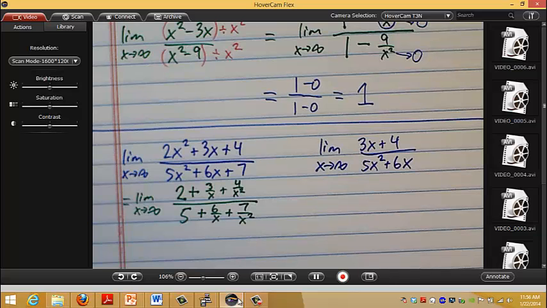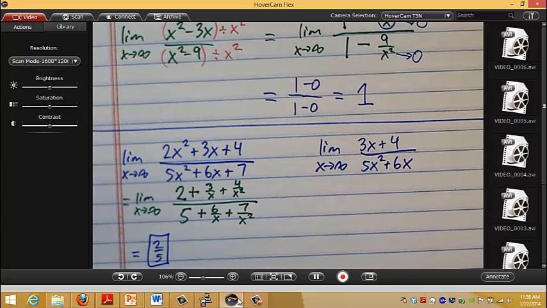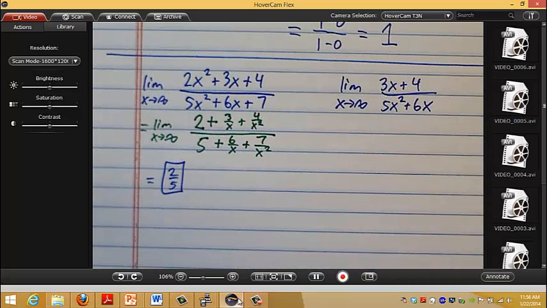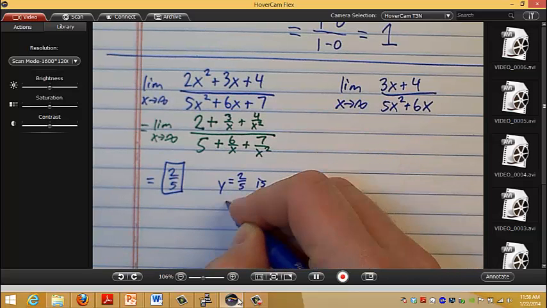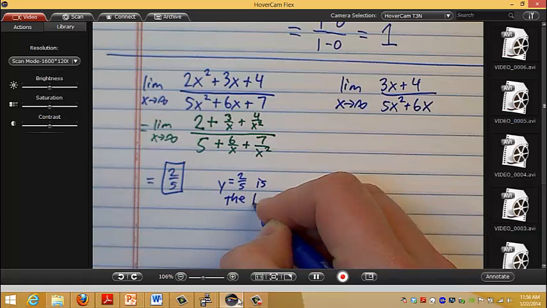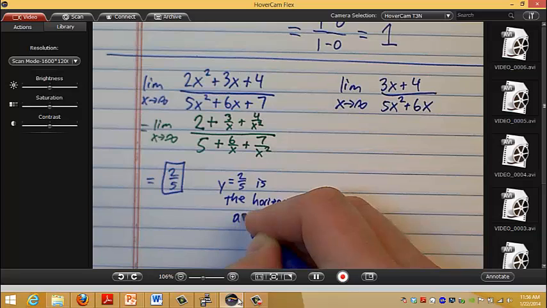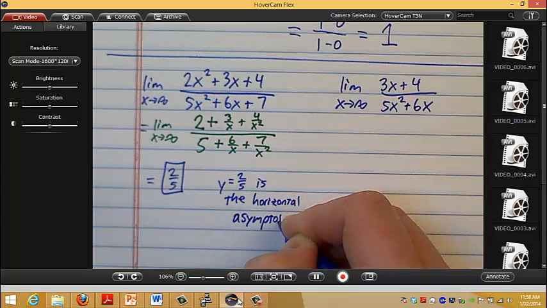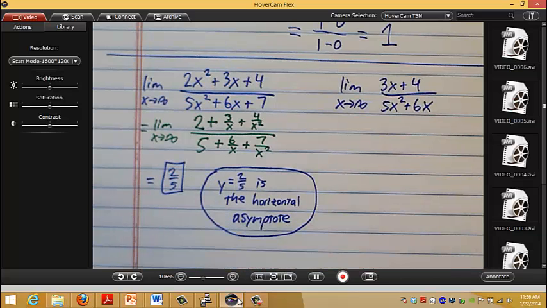They all go to 0. So the limit is 2/5. If I plug that into a calculator, what we would say is y equals 2/5 is the horizontal asymptote. Guys with me?